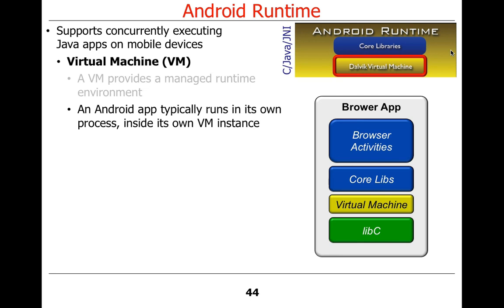So when you launch an Android application, when you take your phone out and you click on a button, what happens is a process is created through this zygote-like mechanism. And inside that process, so here's the process, this gray box, is a bunch of stuff. You've got things like libc, which is already there. That's the C libraries that are used under the hood by a lot of the native code. You have the virtual machine, which we'll talk about in a second.